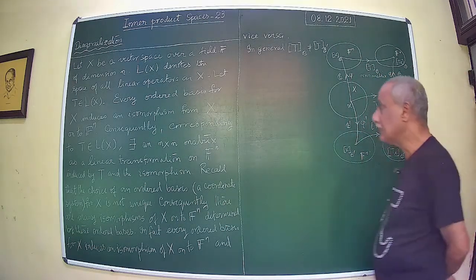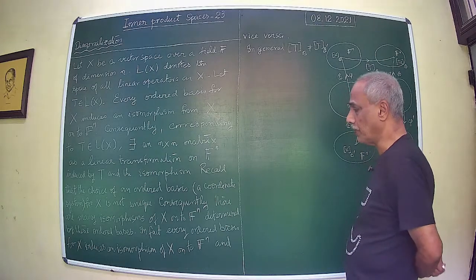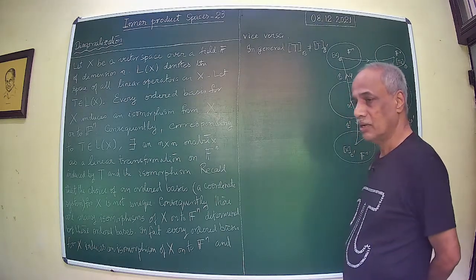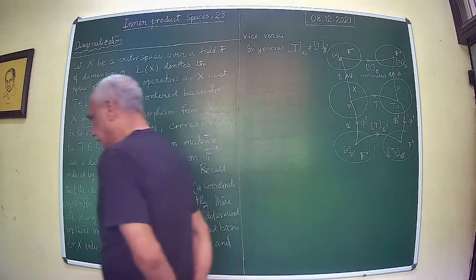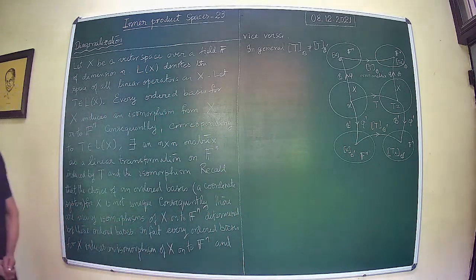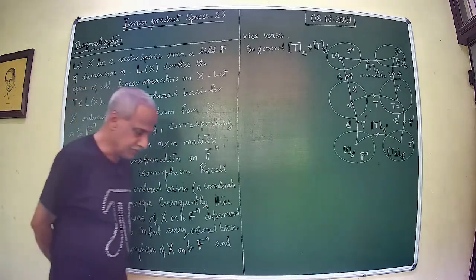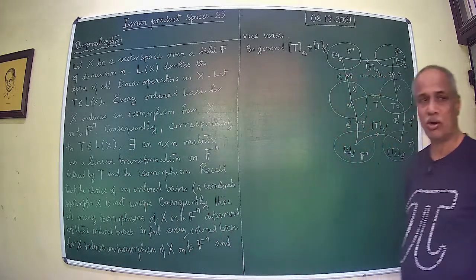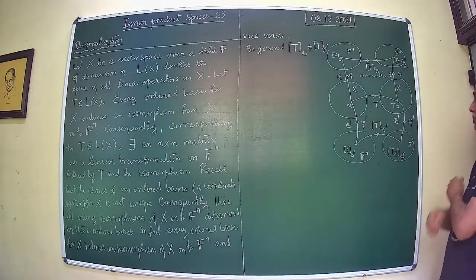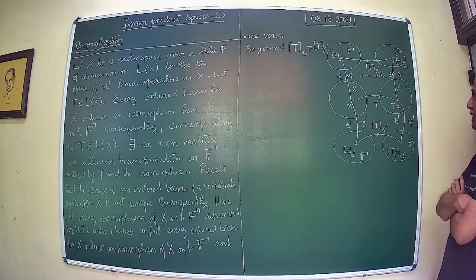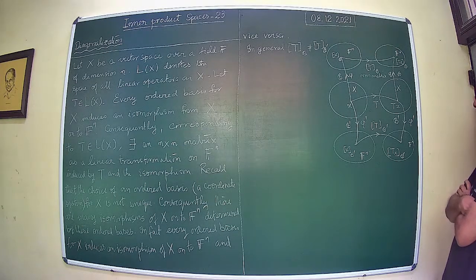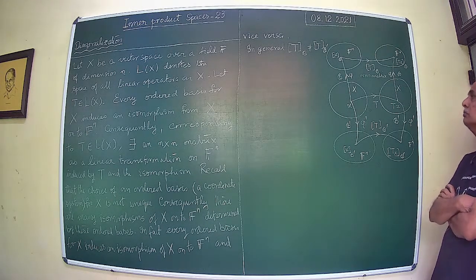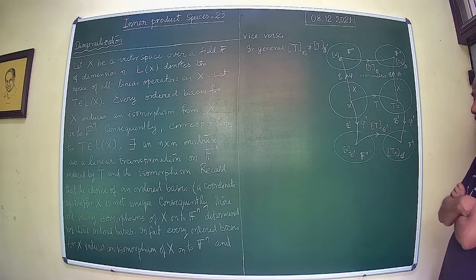And then the identity operator, whose matrix representation is essentially the identity matrix, irrespective of what ordered basis you choose. So these are situations where they do not depend on the ordered basis that you choose. But in general, this is not the case.